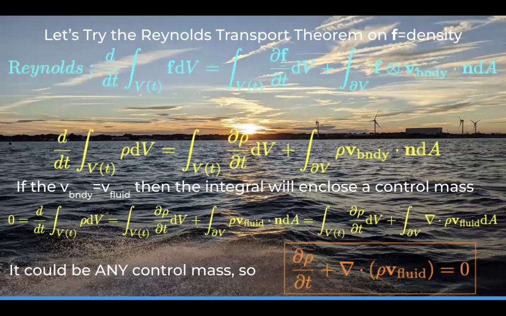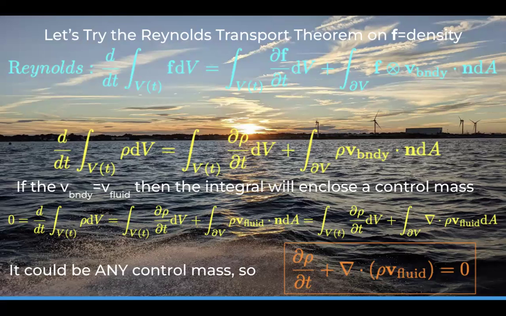And now I claim that because it's any volume you like, it has to be true not only for the volume, but for the integrand. Imagine if there was one little spot where it wasn't true in the fluid, I could just encapsulate that spot and choose that as my volume, and that would disprove this theory, but it isn't.